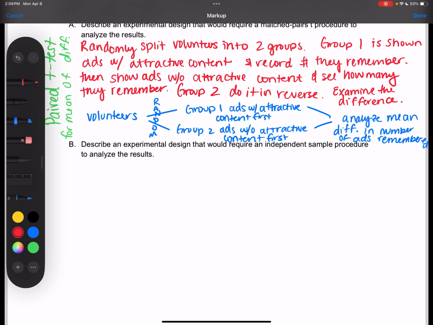All right. Part B. This will be the last part for today. Describe an experimental design that would require an independent sample procedure to analyze the results. So with this one, this will be more of what you were saying for the last one. We're going to randomly split volunteers into 2 groups again.